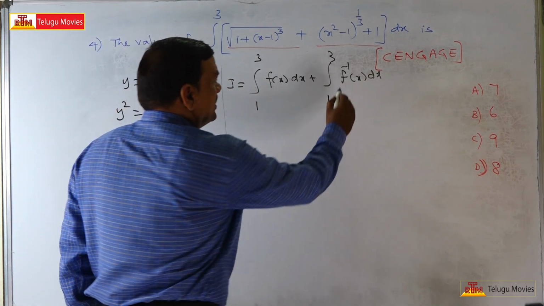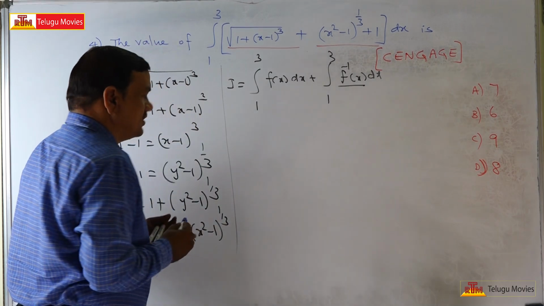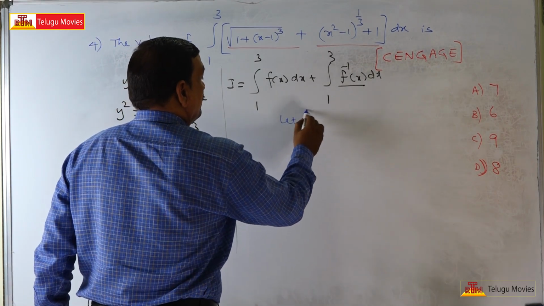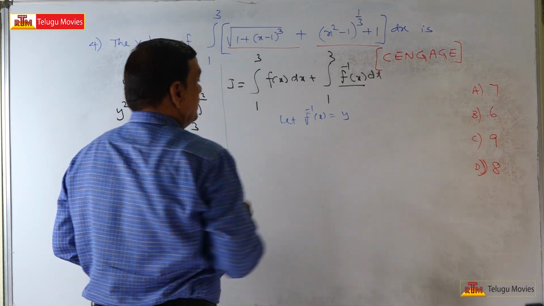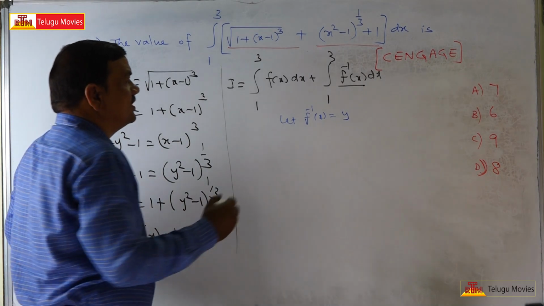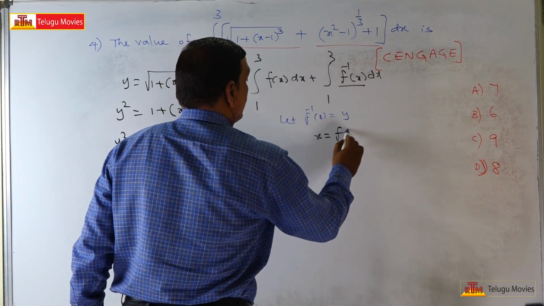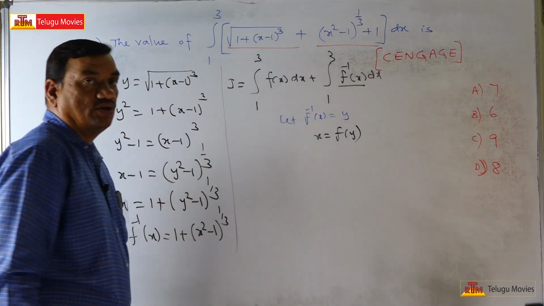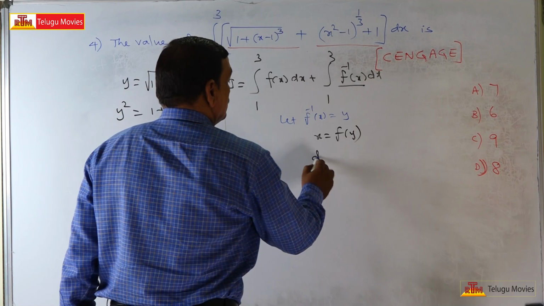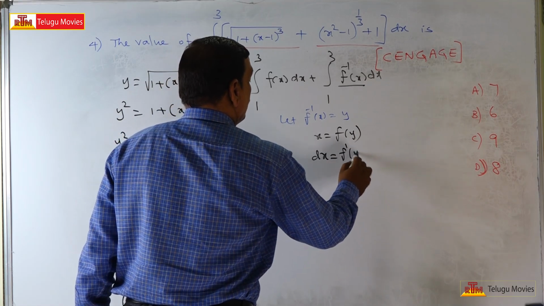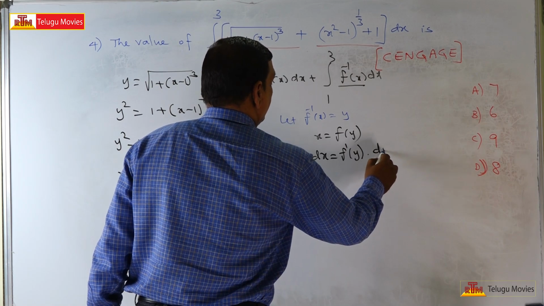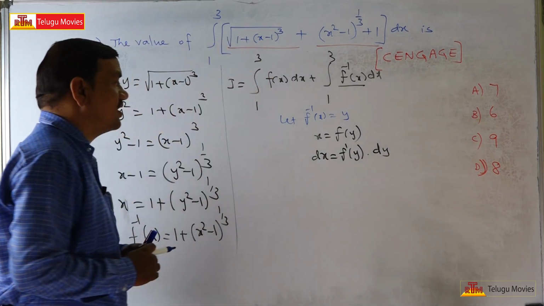Let f inverse of x be equal to y. Now this implies x is equal to f of y. Now differentiate with respect to x on both sides, so dx is equal to f dash of y dy.